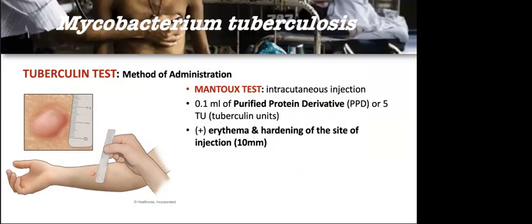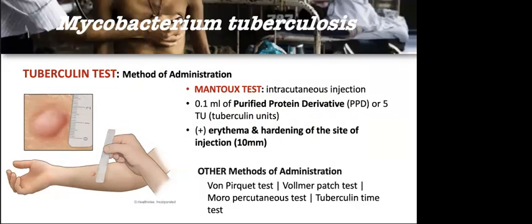It is an intracutaneous injection of about 0.1 ml of purified protein derivative, or 5 tuberculin units. Again, induration means redness and swelling beyond the original swollen area. Apart from the Mantoux, you can also use the von Pirquet, the Vollmer's patch, Moro percutaneous, and the tuberculin time test.